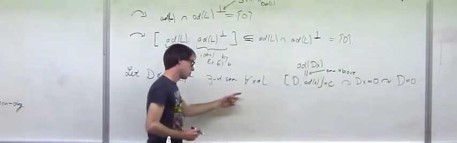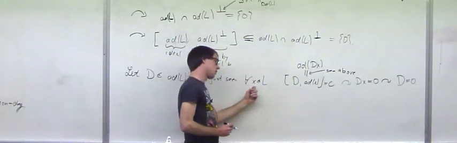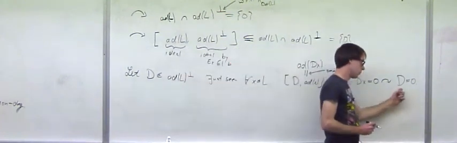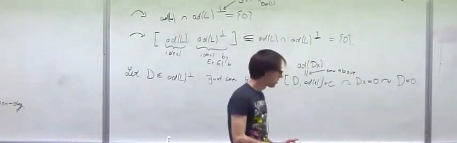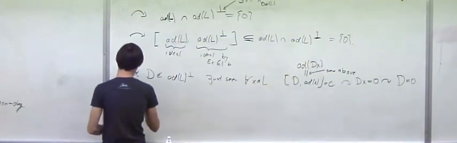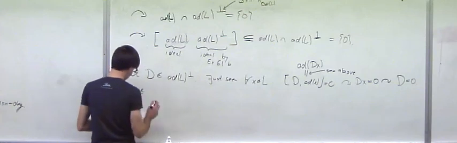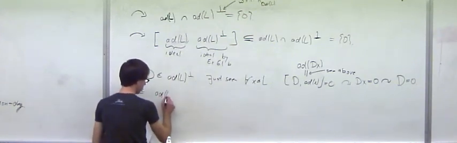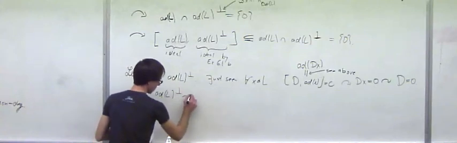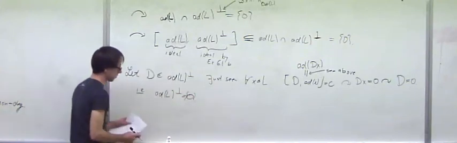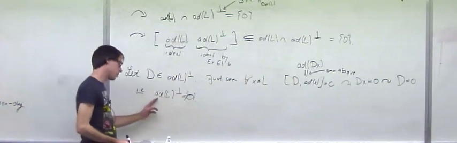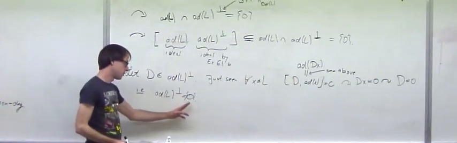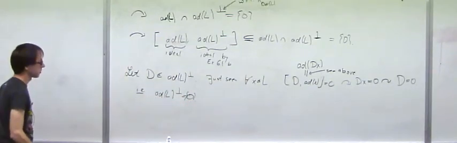And as we computed this for any element of the Lie algebra, the operator D must be 0. That means what we've actually shown is that the orthogonal space to ad L contains only the 0 vector.